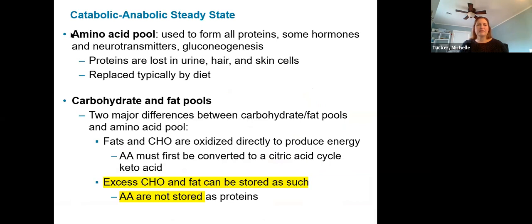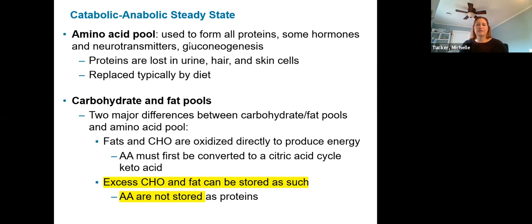Okay, so the amino acid pool is used to form all proteins, some hormones, because remember we have amino acid based hormones, and then we have steroid based hormones. So the hormones are either made out of amino acids or they're made starting with cholesterol and moving on. Neurotransmitters, most are amino acid based.